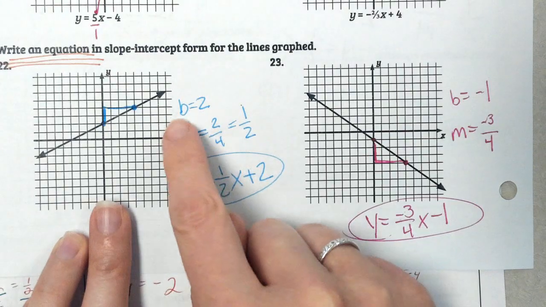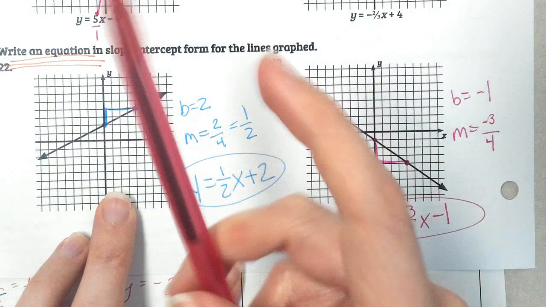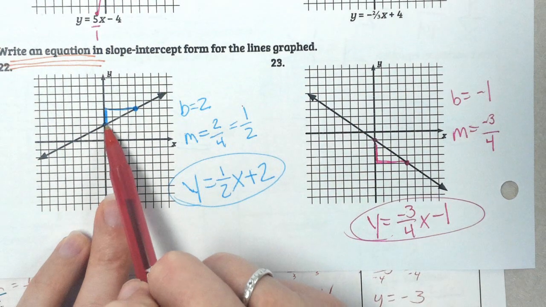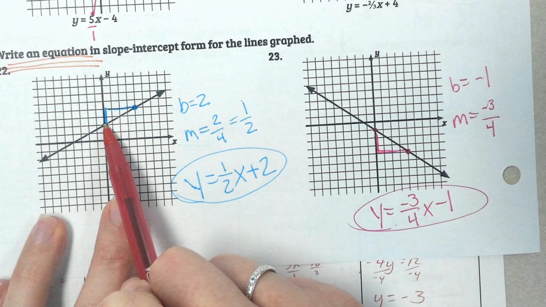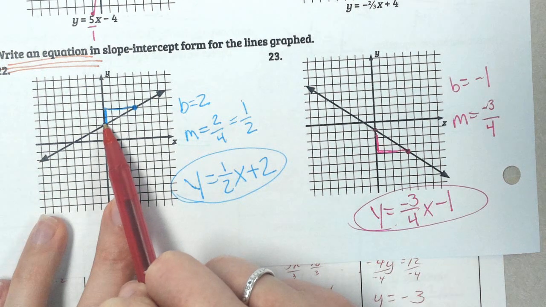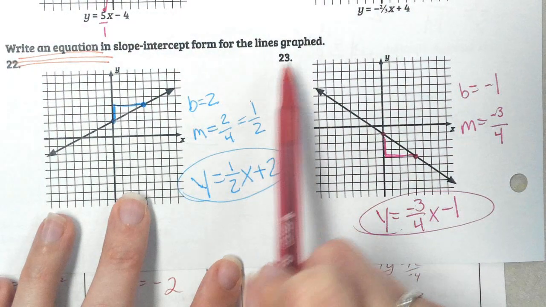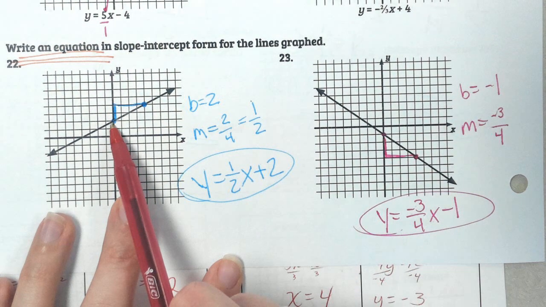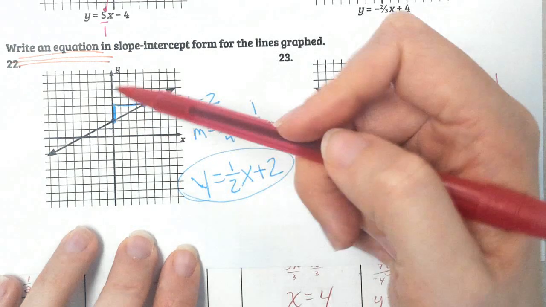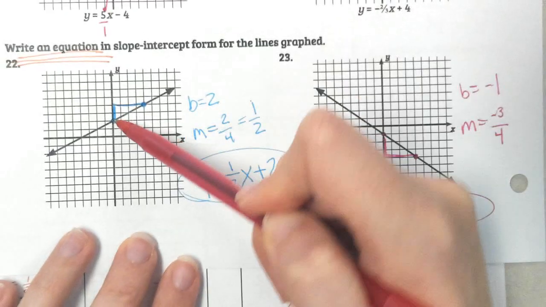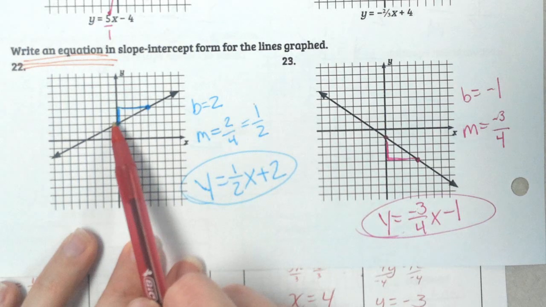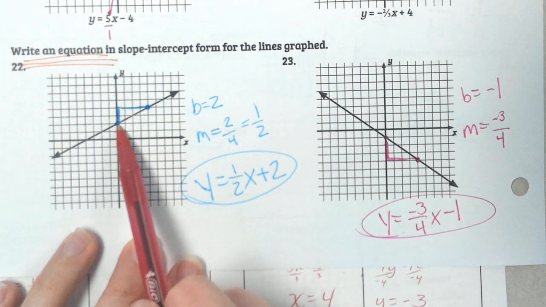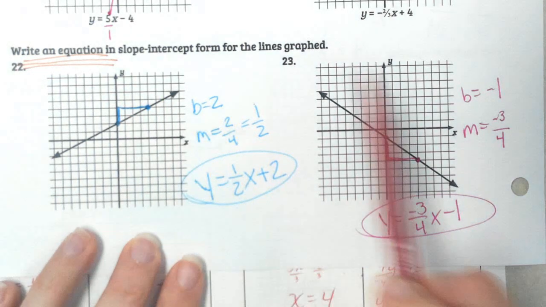On this one, my begin was at positive 2. Do you guys see where I'm talking about? You should be looking at 24 and 25. I know my numbers are different. Look at your 24 and 25 problems. My begin was at positive 2, and I went up 2, right 4. Or you could have said you went up 1, right 2. Or up 3, right 6. Doesn't really matter.